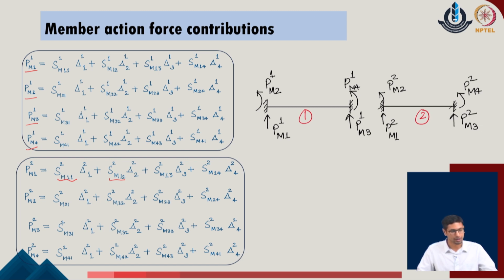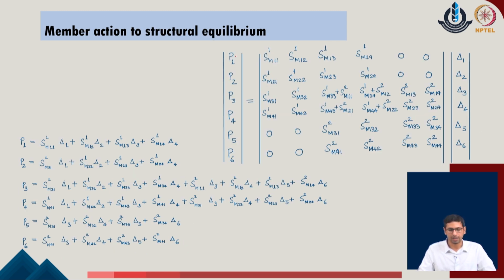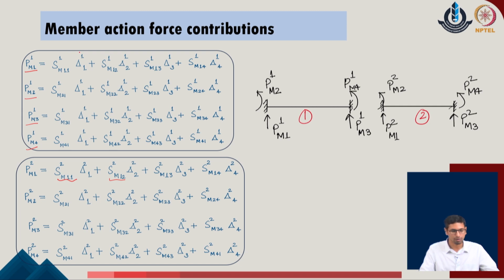And now, as per the condition of equilibrium, we just write the force conditions for P1, P2, P3, P4 and P5 to P6 in the given problem, and we realize that these forces can be added together in this very simplified manner. If we look at the overall expression by taking the common coefficients, like delta 1 with respect to member 1, we realize that this degree of freedom should be the same as the original delta 1 in the given problem.